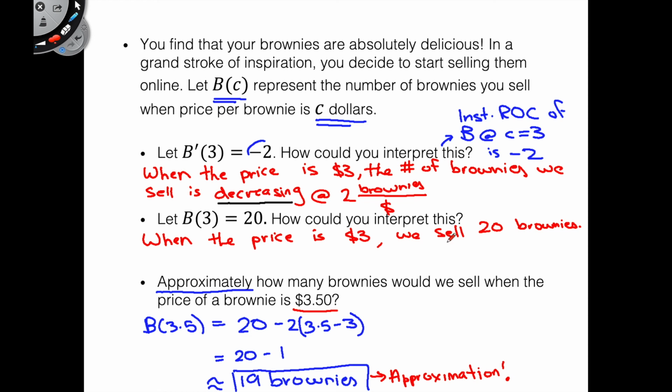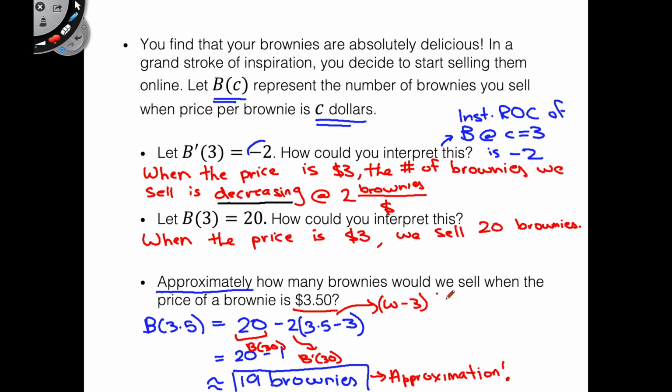Now, one thing you might see is that this actually looks pretty familiar, right? Because this is b of 3, this is b prime of 3, and this is w minus 3, because w is 3.5.